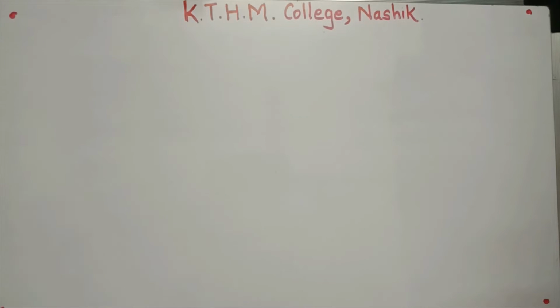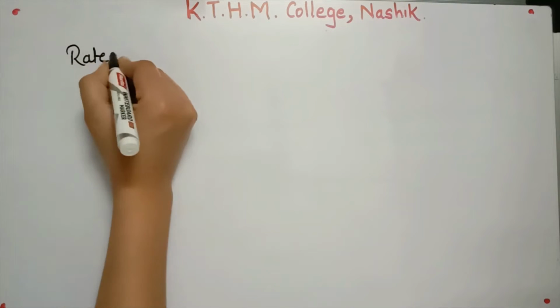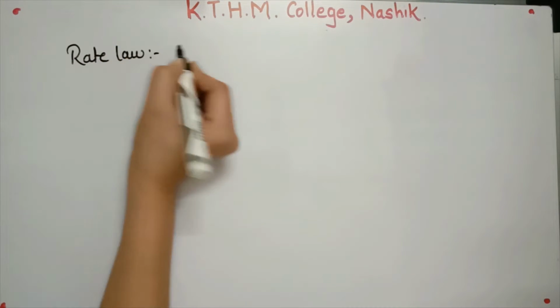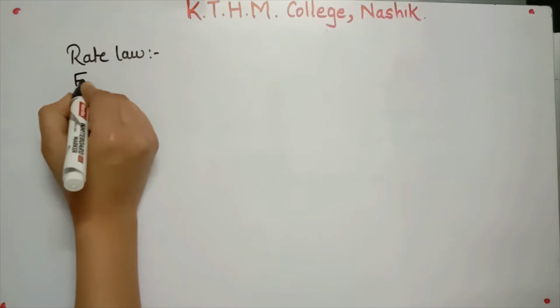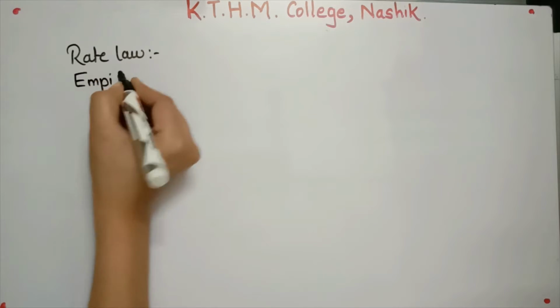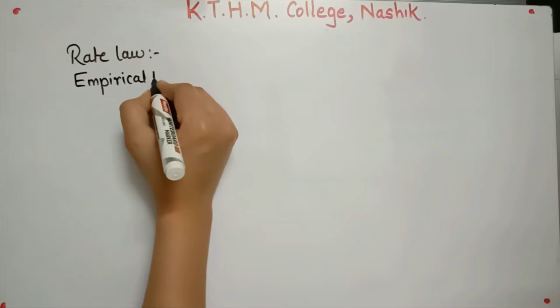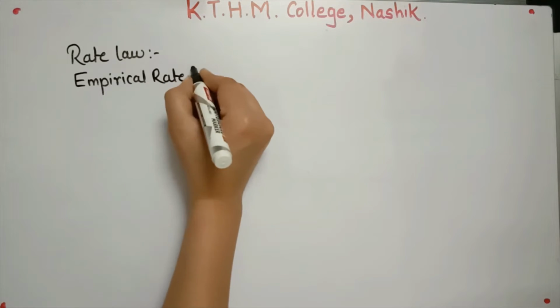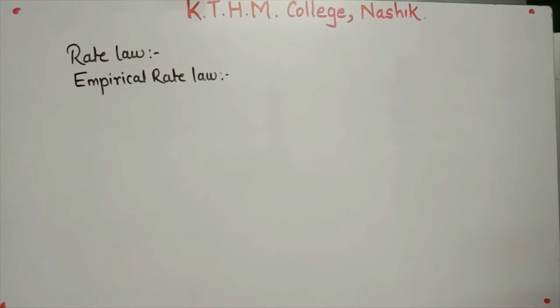The next that we are going to see is rate law. So the reaction rate is expressed in terms of rate law. It is also known as the empirical rate law. So what is the meaning of empirical?